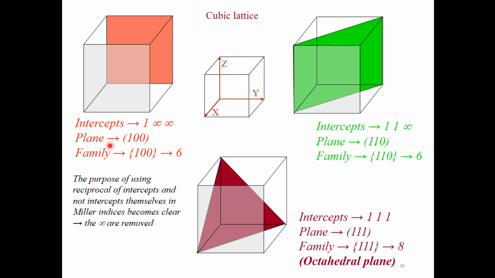And as far as the multiplicity of this 1 0 0 is concerned, it comes out to be 6. Let me repeat it. I know you may be confused. We consider this plane, the light blue plane, and we have considered this corner as the origin.